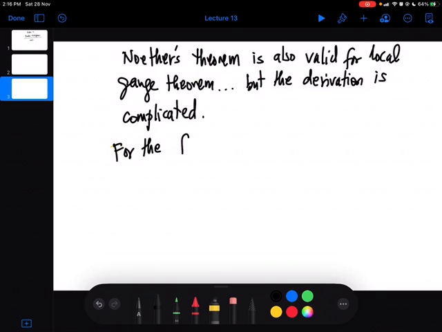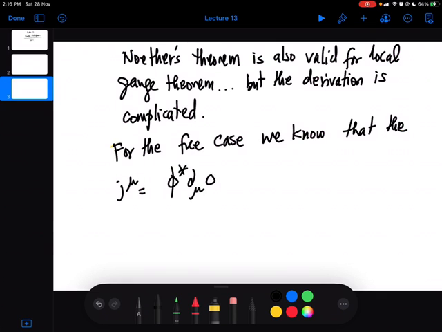For the free case, we know that the current is J mu equal to phi star del mu phi minus phi del mu phi star.